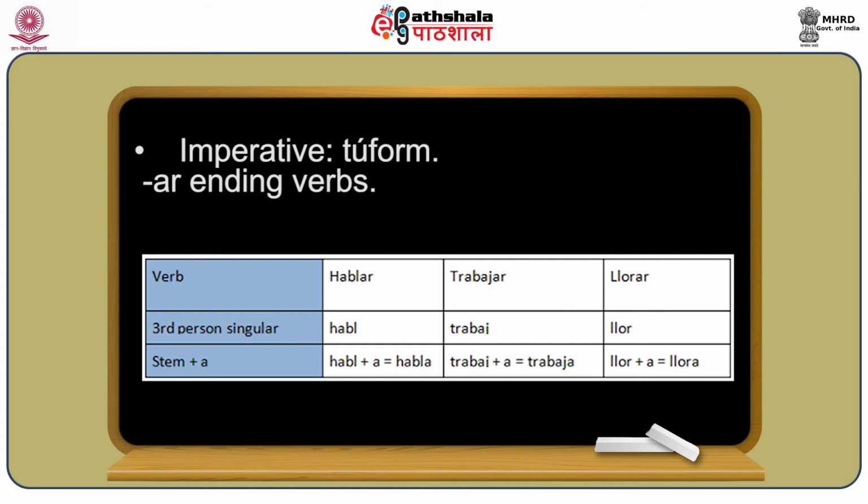So hablar, we remove AR and add A, becomes habla. Same way trabajar, we remove AR and add A, that is trabaja, and llorar, we do the same thing and it becomes llora. And all these AR ending verbs in the third person singular are the same.